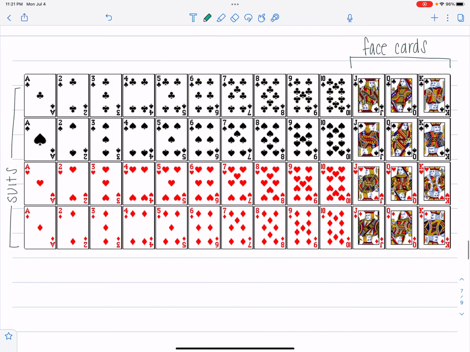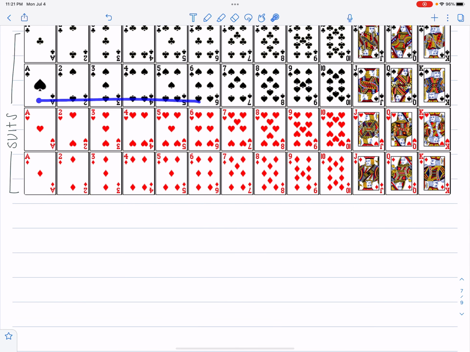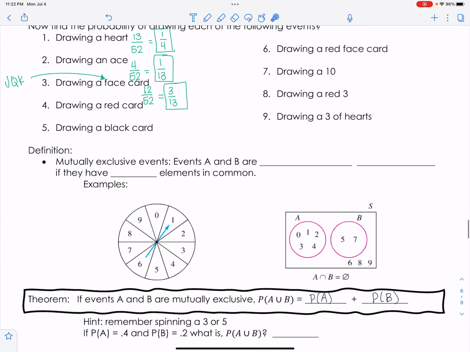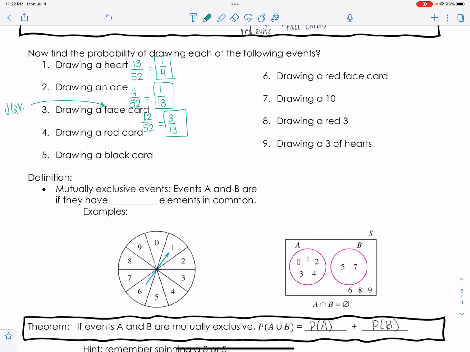So red cards are going to be all of these. There's going to be 13 of the hearts, 13 of the diamonds. So I've got a total of 26 out of 52. And so that's going to reduce down to 1/2. And then the same thing, probability of drawing a black card, 26 out of 52, which is going to reduce down to 1/2.